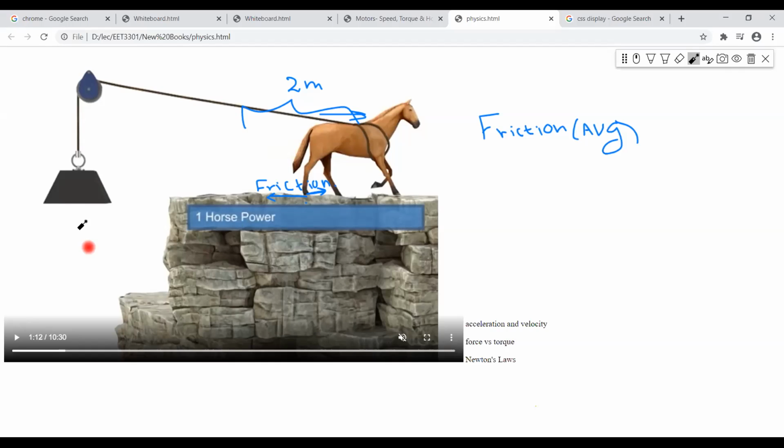Now, this potential energy difference is equal to the work done by the horse. Now, work done we denote as displacement of force, right?